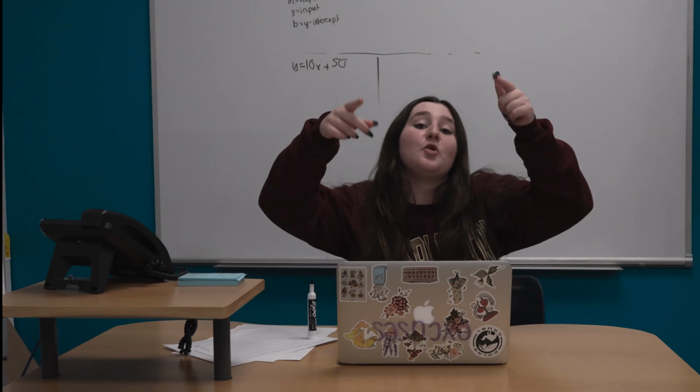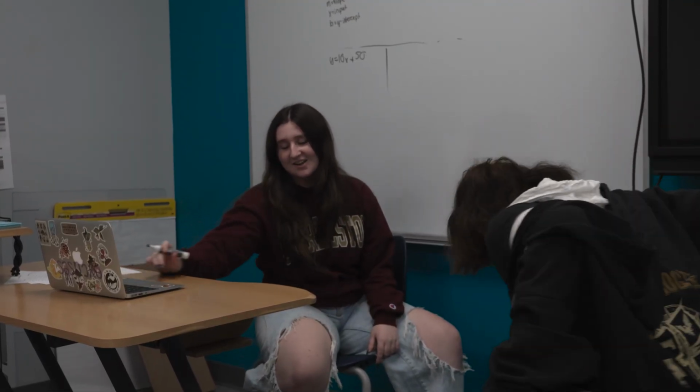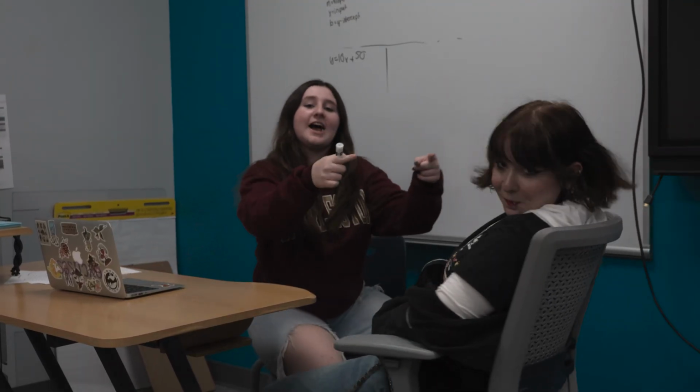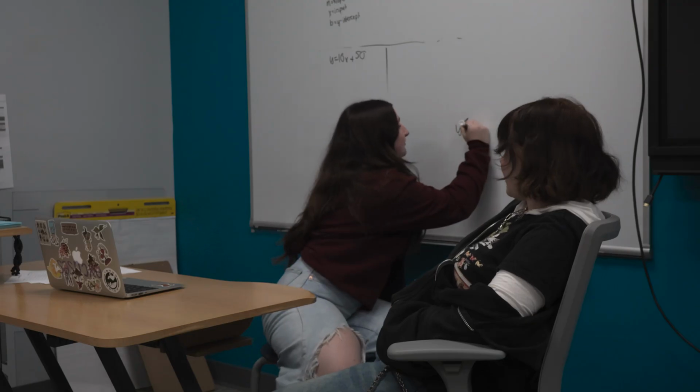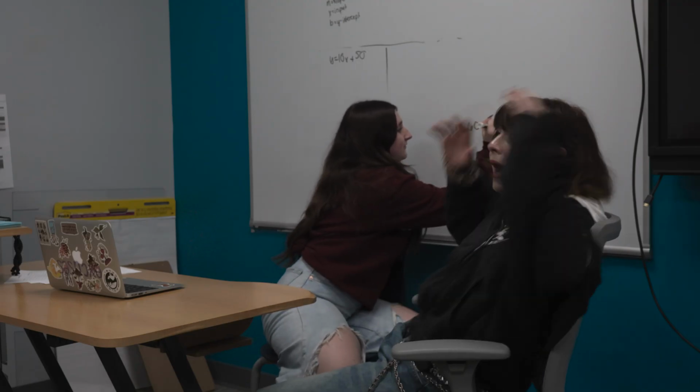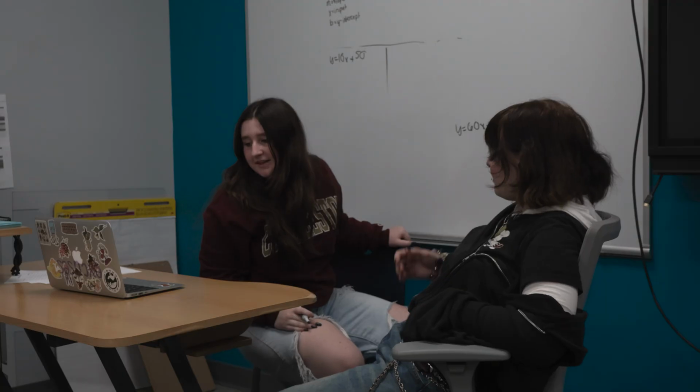Time for real-life example number 2. Travel. I'm going to have my friend Matt here help me out on this one. All right, everyone. Y equals 60x plus 30. Now, Matt, here's another example.